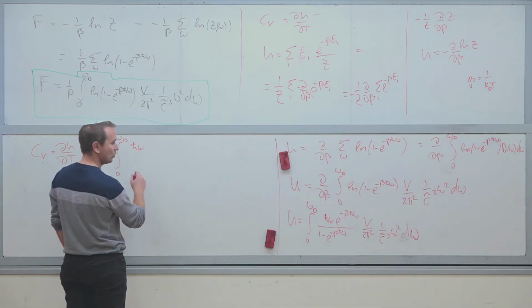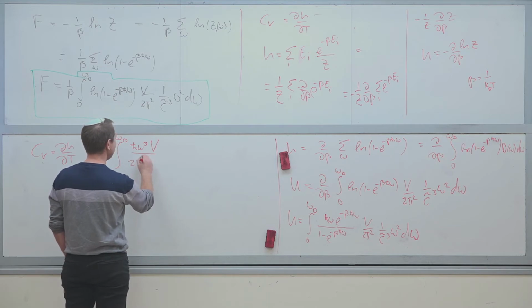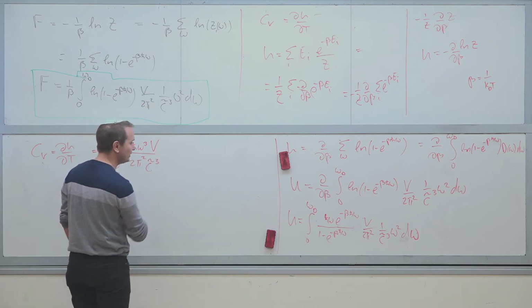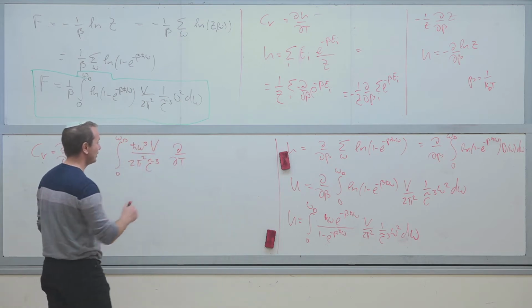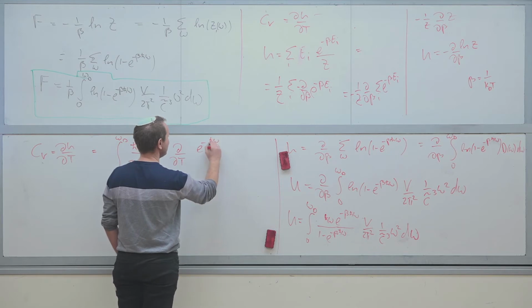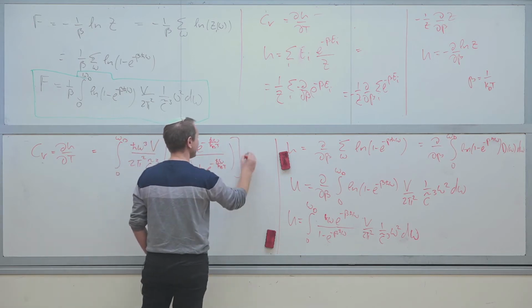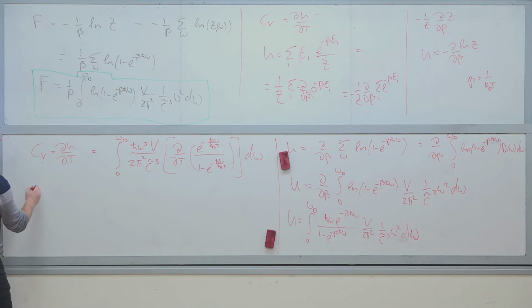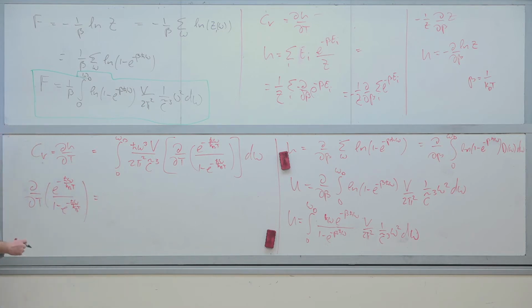So we have h bar omega to the third multiplied by the volume divided by 2 pi squared c tilde to the third, and now we're left with d/dT of e to the power minus h bar omega divided by k Boltzmann T, divided by 1 minus e to the power minus h bar omega over k Boltzmann T, d omega. So what is this guy? Let's do this.